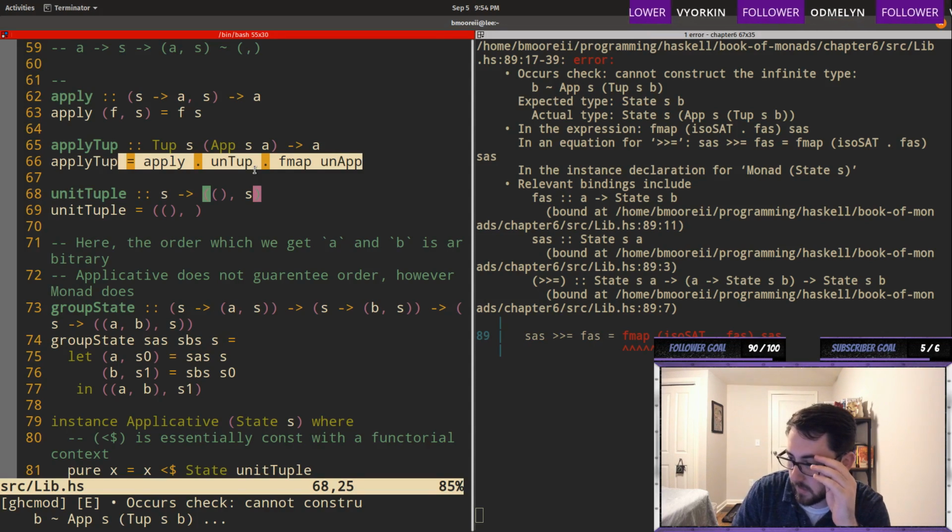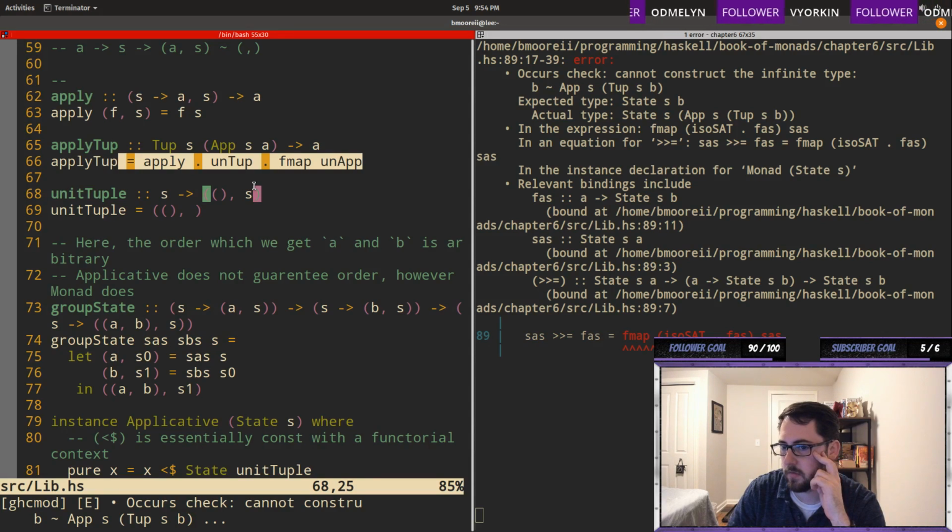Now we can collapse the inside of one apps. What?